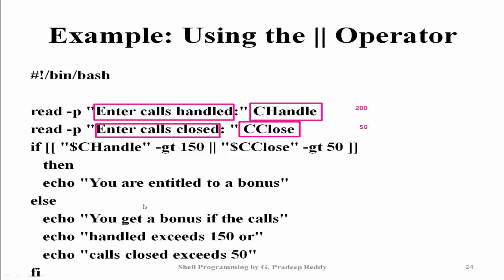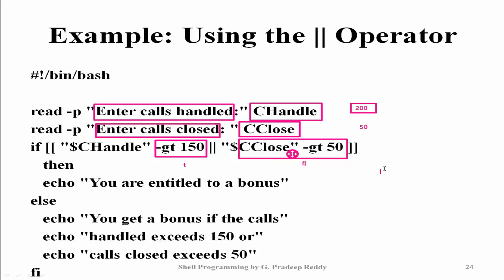Then it is going to check the status. If calls handled is greater than 150 or calls closed is greater than 50, either one should be true. So here you have handled 200, which is true. Here it is false, it is not greater than 50.